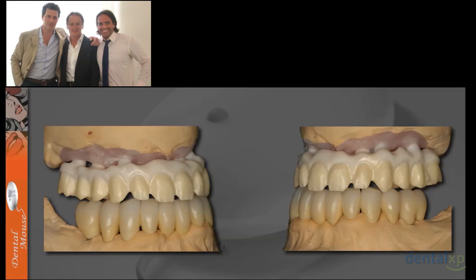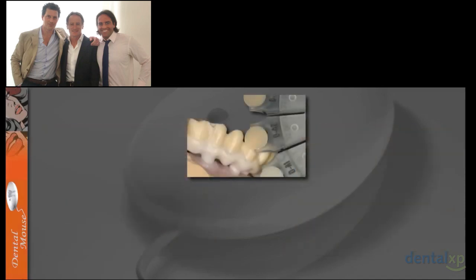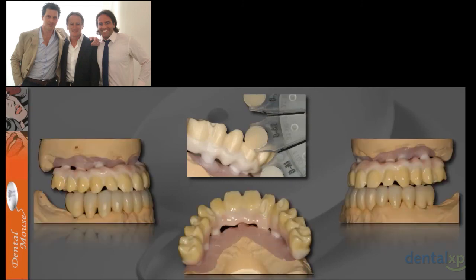Then you take the framework that we already tried in the mouth, you put it on the model, and you evaluate your spaces and your thickness. From there you start to choose the correct color and the correct morphology. You start to paint, you start the baking of the ceramic, and you start the layering of the ceramic.